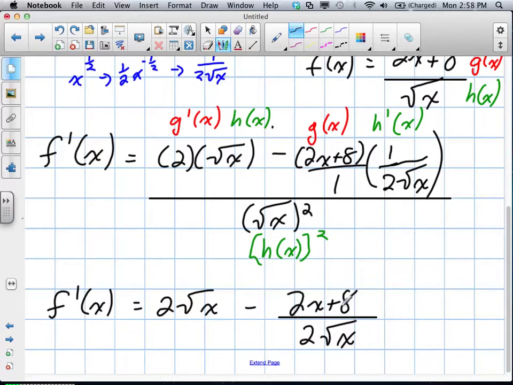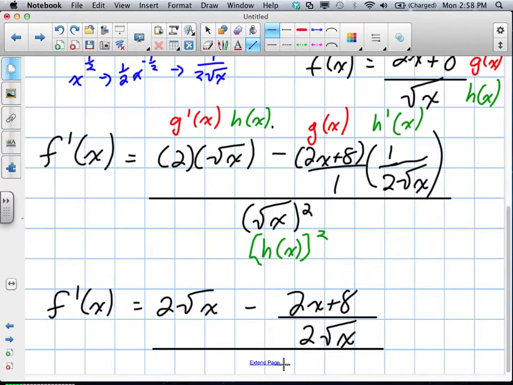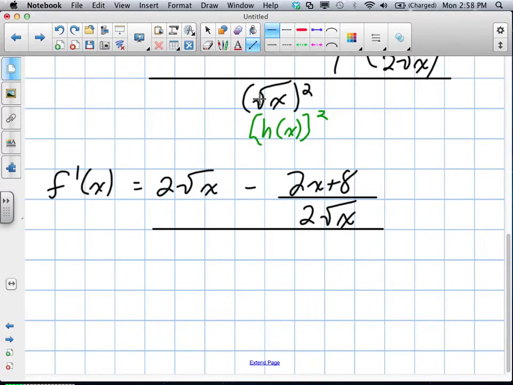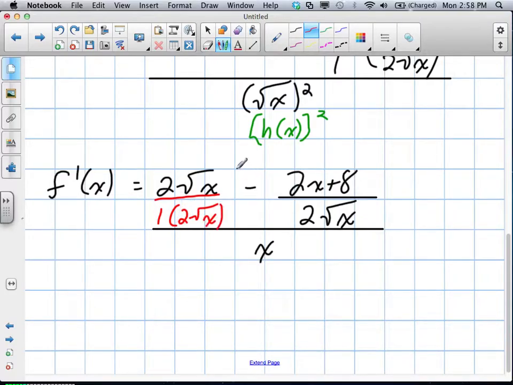Root x squared is just going to be x on the bottom of the equation. Now, because we have to subtract these, and these are both fractions, we need a common denominator. Right now this denominator is 1. So to get a common denominator, I'm going to multiply the first term, top and bottom, by 2 root x.